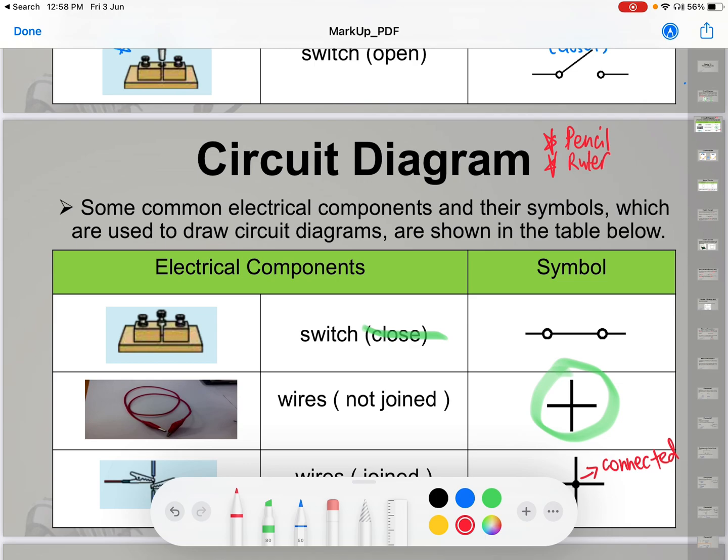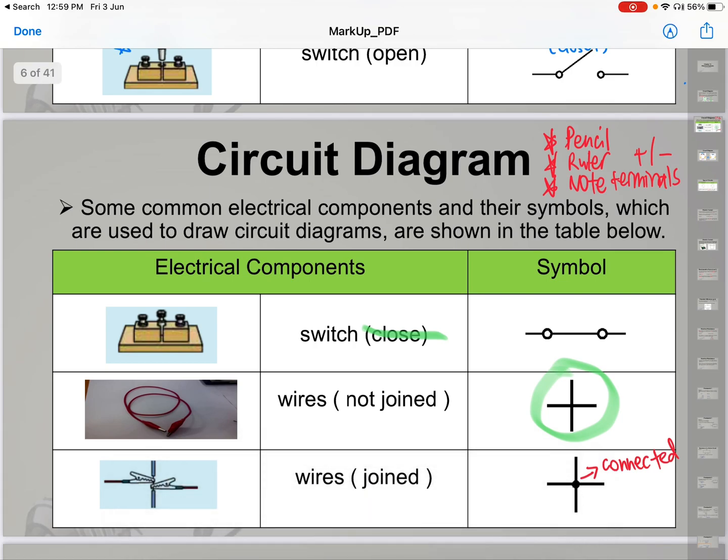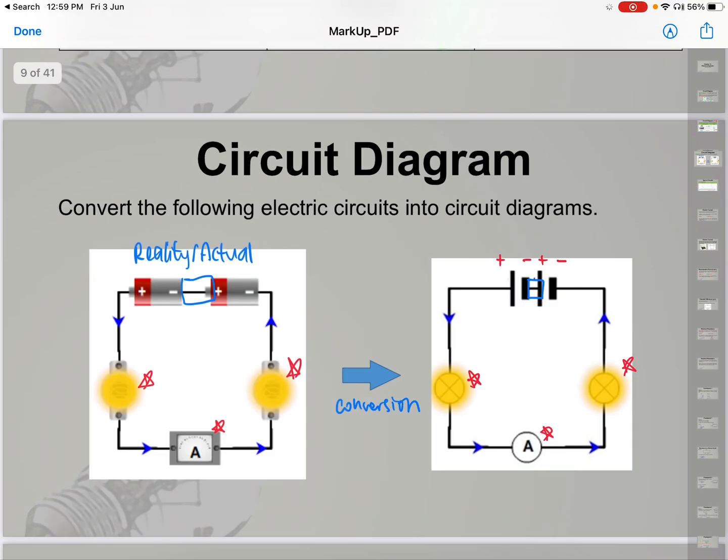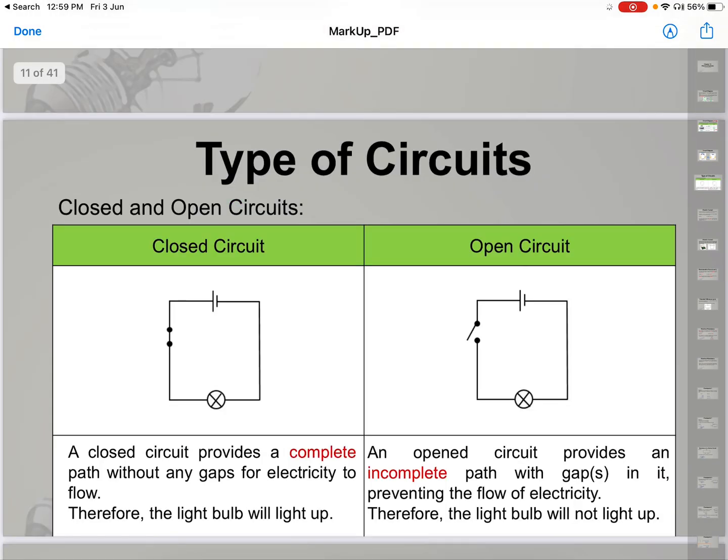Take note of the terminals of the batteries or the cell, plus and minuses. So it should be neatly drawn with pencil and ruler.